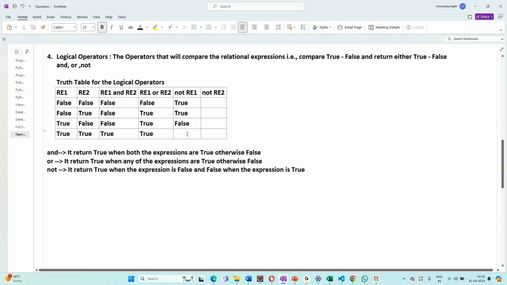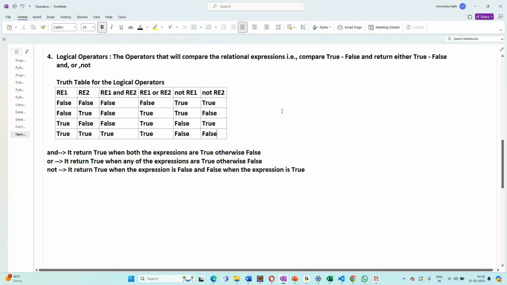And not of RE2 in the sense, if this is false, this is going to be true, and if this is true, this is going to be false, opposite.